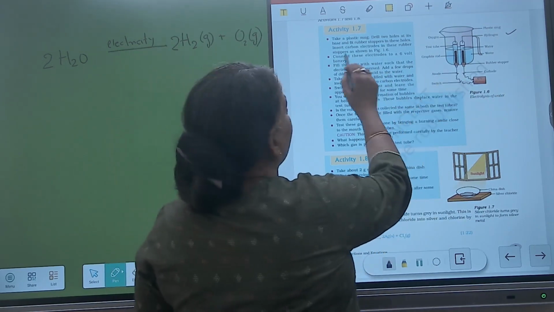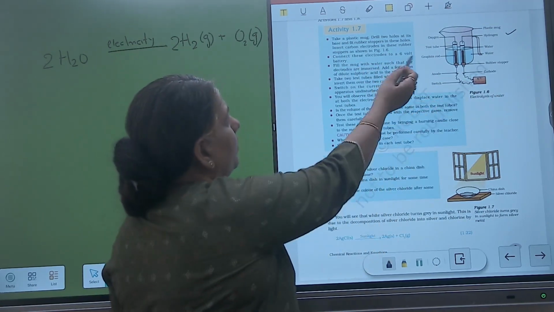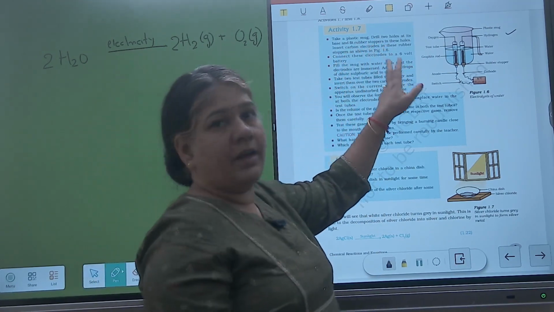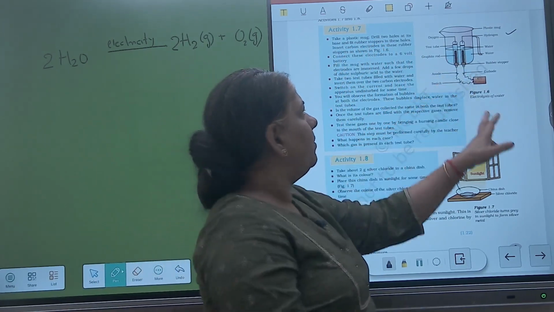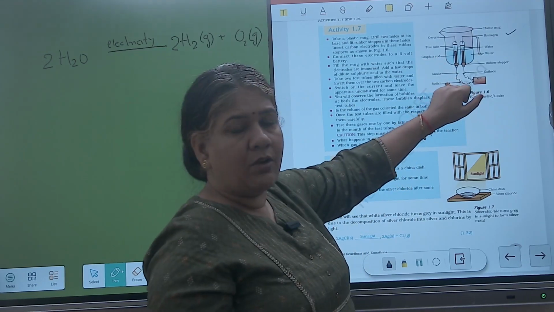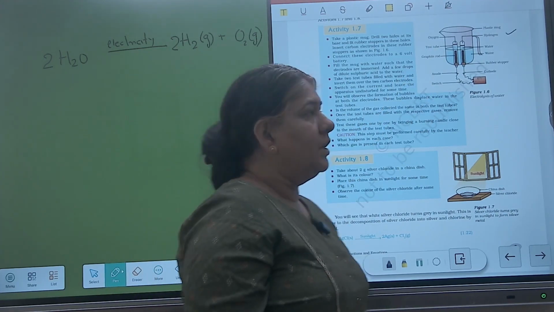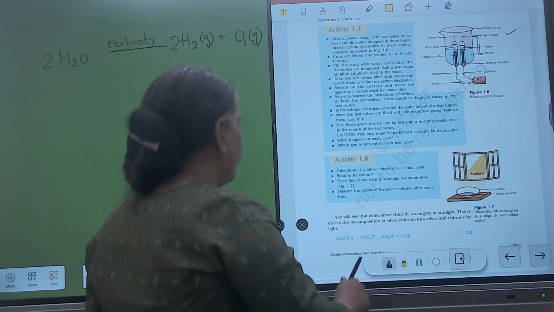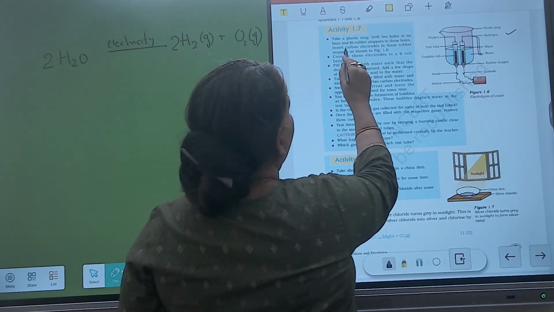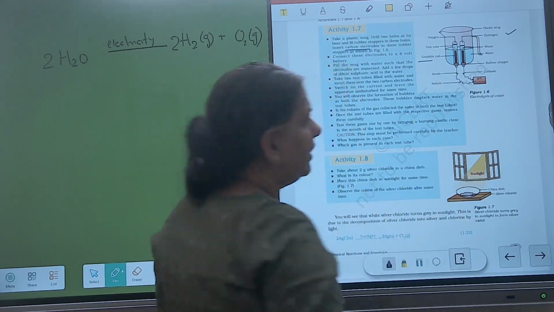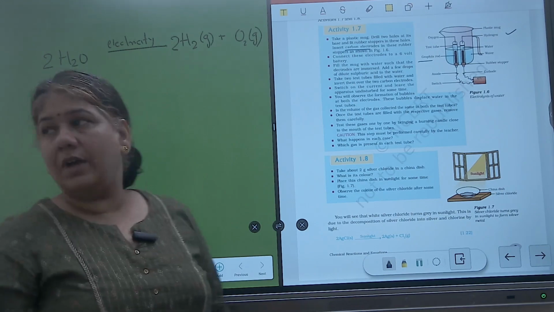Now we'll fit a rubber stopper in these holes and insert carbon electrodes. So these 2 black are graphite or carbon electrodes. Graphite is a form of carbon, so the carbon electrode and graphite electrodes are one and the same thing.